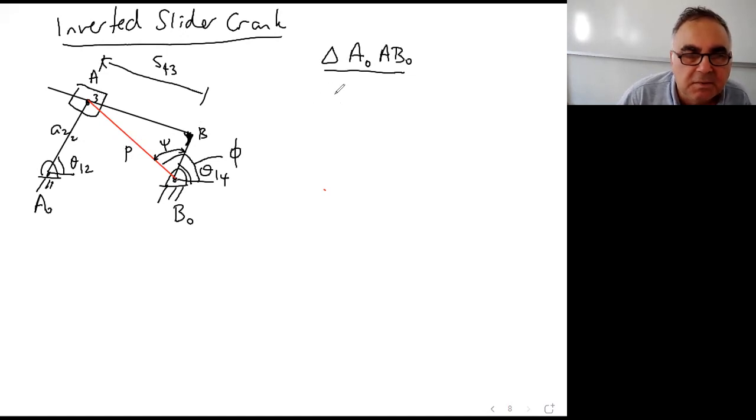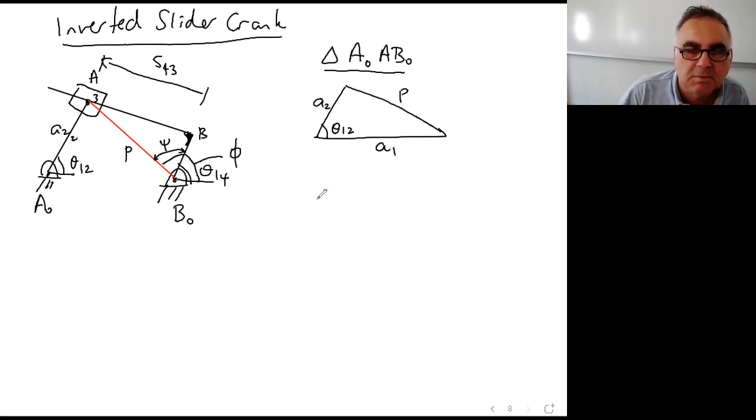In this triangle, we have something like this. This is 1, 2. This is P, and this is A1, right?